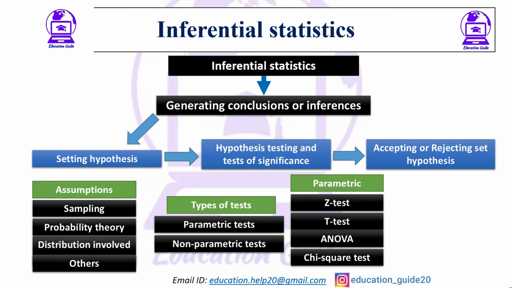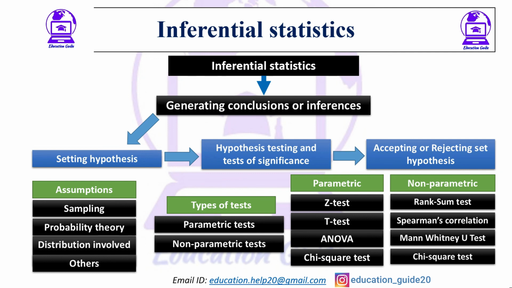Parametric tests include z-test, t-test, ANOVA, and chi-square test, while the non-parametric tests include rank sum test, Spearman's correlation, Mann-Whitney U-test, and chi-square test. Chi-square test is considered both a parametric and a non-parametric test.